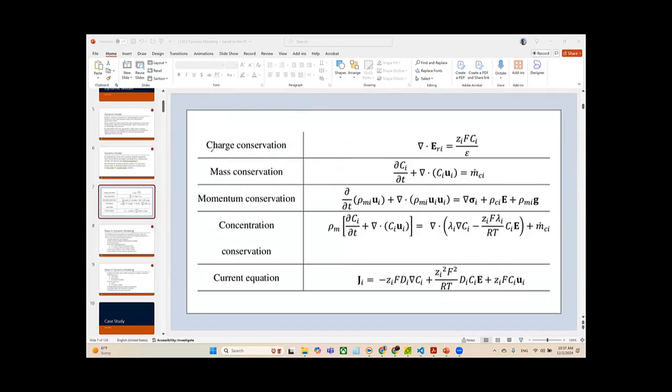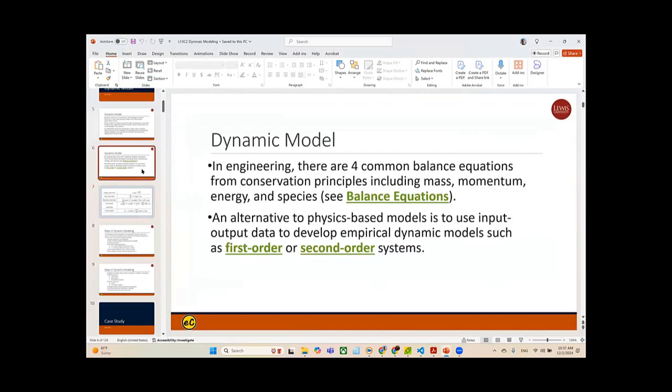Here we have charge conservation, meaning the total charge is the same. Total mass the same, we call mass conservation. Momentum conservation, concentration conservation, or current, some sort of balance in your dynamic system.